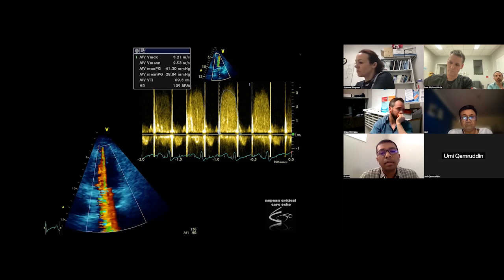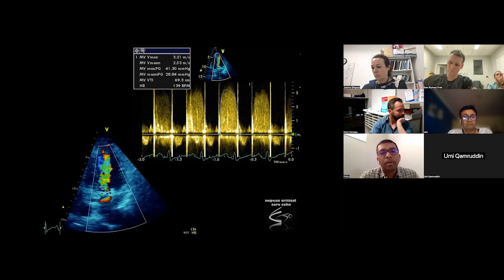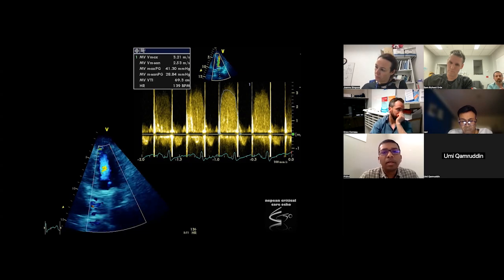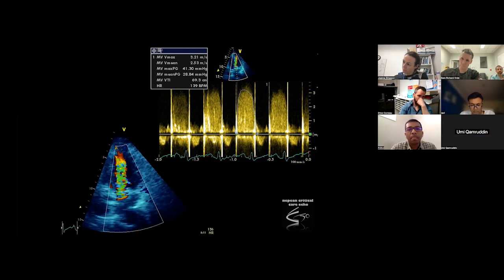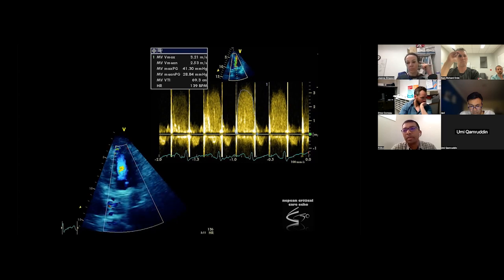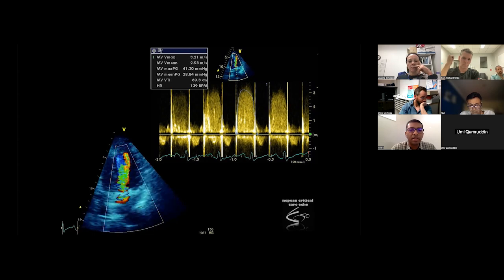With pulse wave Doppler, I'll be looking at possibly low E velocities because of reduced flow across the mitral valve. But all this is going to be quite difficult in this patient, considering it's difficult images and there's a lot of artifact with the mechanical valve.